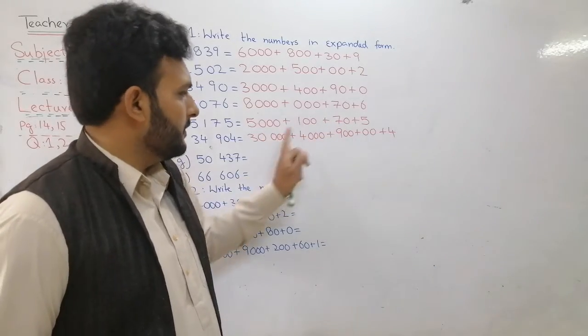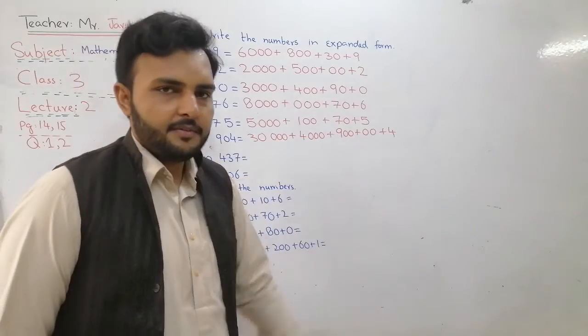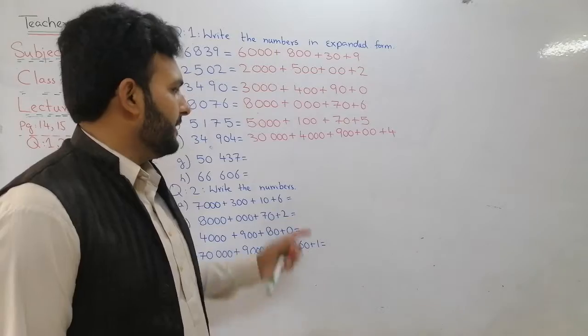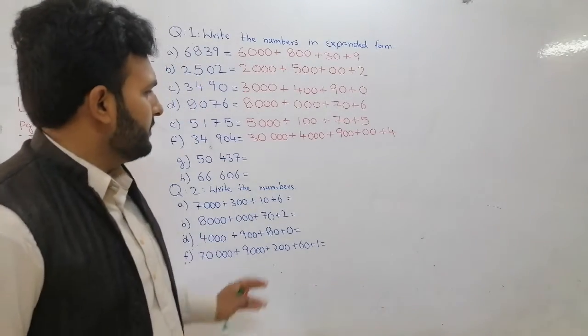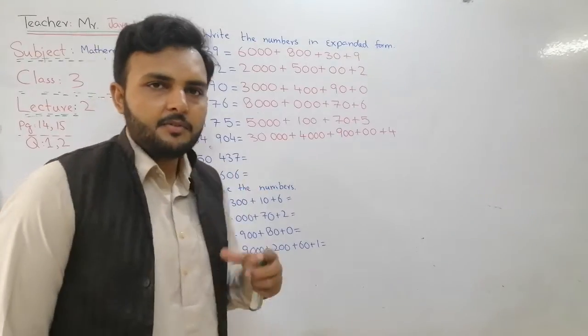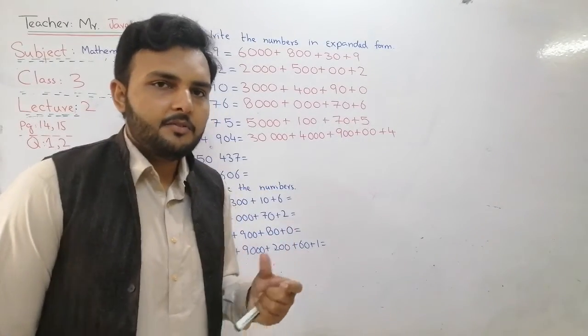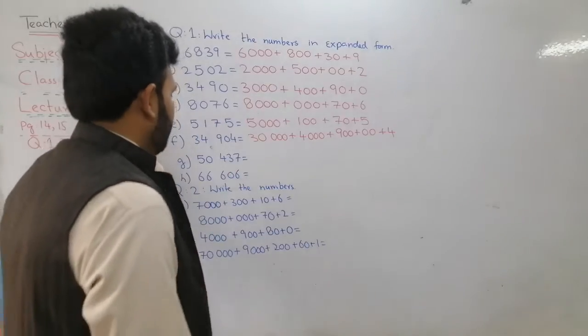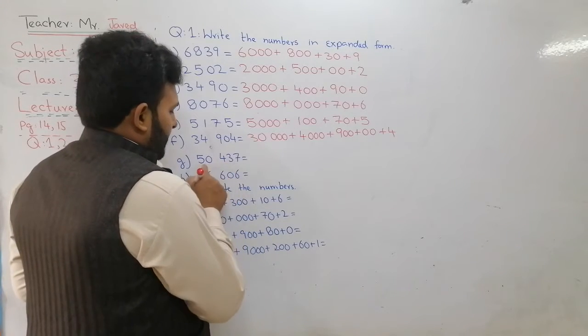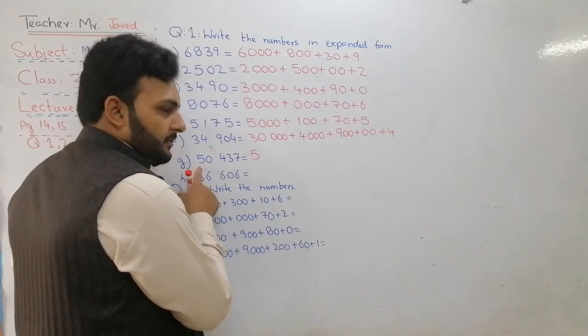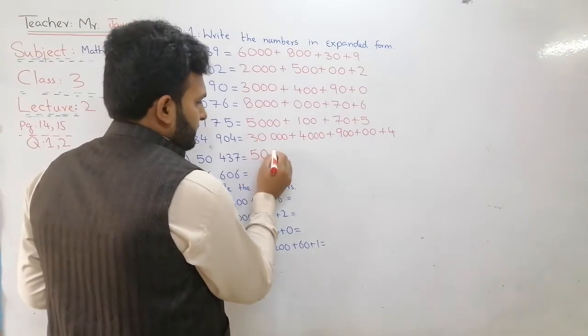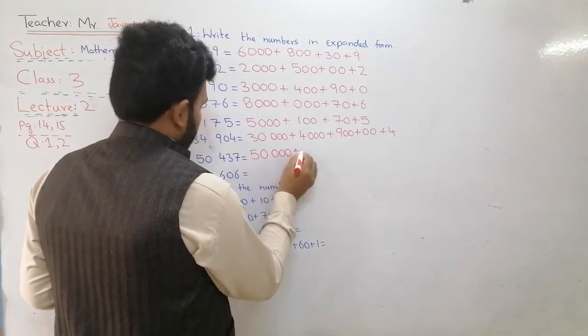1, 2, 3, 4, 5. So 5 times we will expand because 5 digits are here. So don't be confused. You should know about the digits. If you know about the place value, you people can solve this very easily. Okay, after that, 50,000 here, like this.